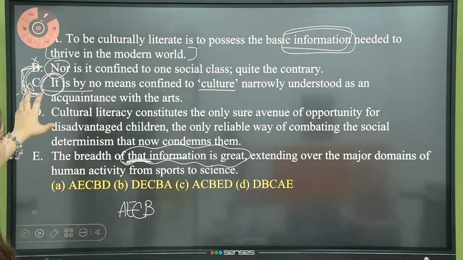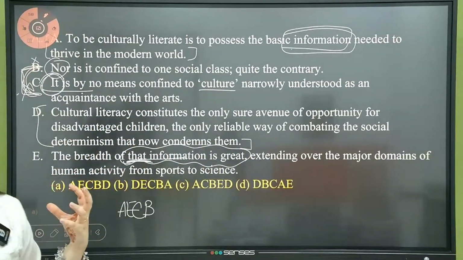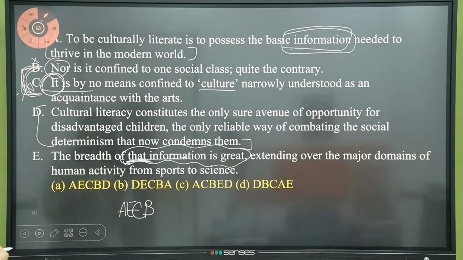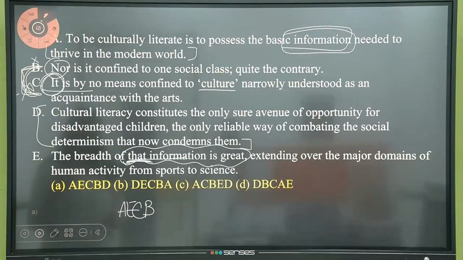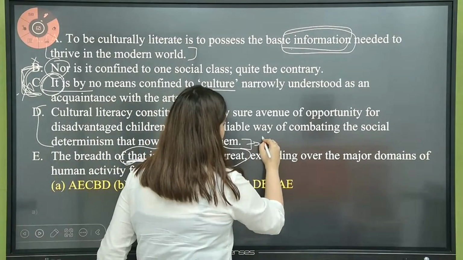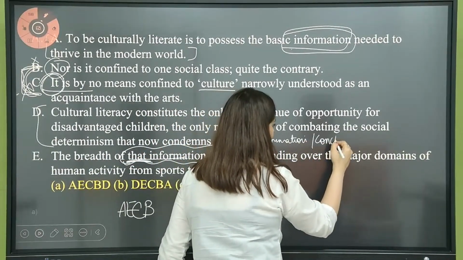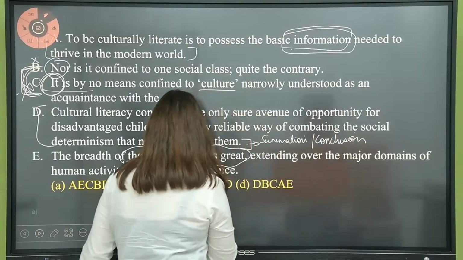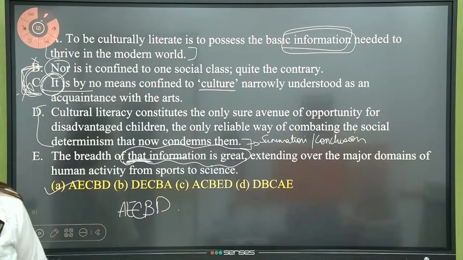And lastly, this is a good concluding statement as it culminates everything that is being talked about in the paragraph. Cultural literacy constitutes the only sure avenue of opportunity for disadvantaged children, the only reliable way of combating the social determinism that now condemns them. So this is our summation. Hence, this can be our conclusion. So A, E, C, B, and D.